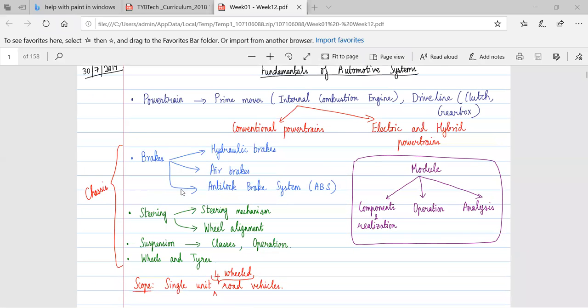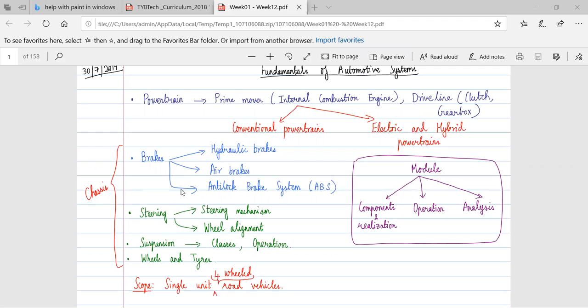There are different types of brake technologies available inside a car: hydraulic brakes and air brakes. In hydraulic brakes, we use oil as the prime braking medium, so controlling oil levels or oil pressure is used to brake the system.